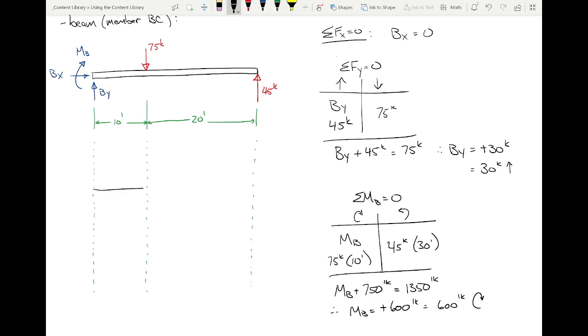But I have a couple things I want to show you. So the shear diagram should be pretty easy, right? BY tells us to jump up 30, over, down to negative 45, over, up to 0, right? That should be simple, right?